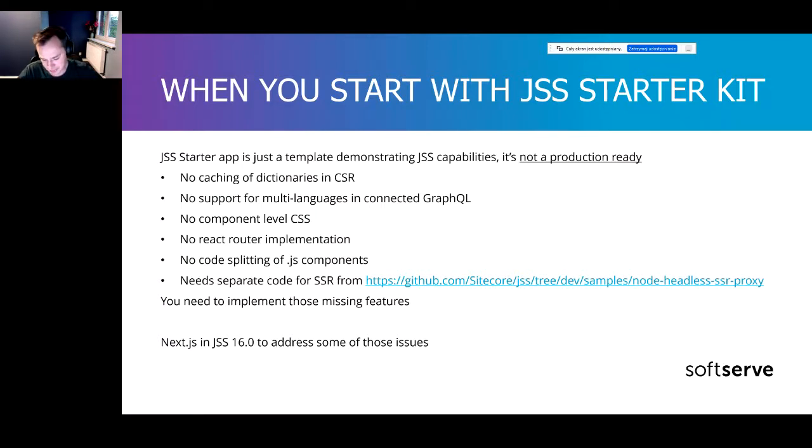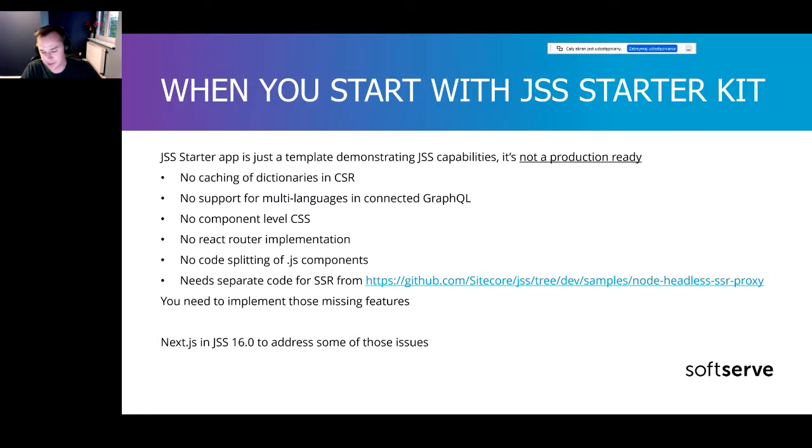A few tips about when you start with the JSS. The JSS starter kit is not production ready. This is just a template to demonstrate the JSS capabilities. So there is no caching of the dictionary on the client side. For example, there is no support for multi-languages in connected GraphQL. There is no component level CSS.